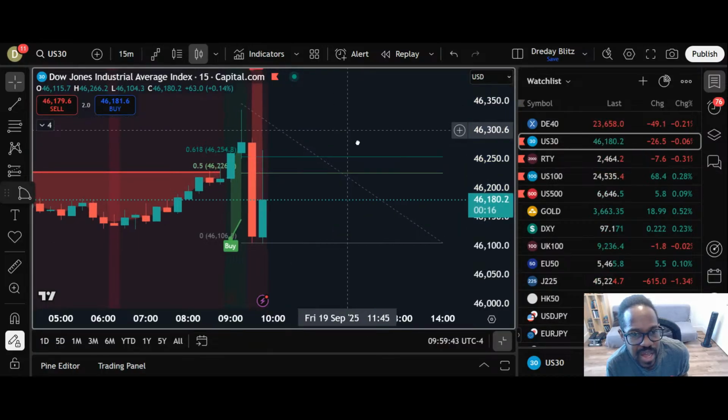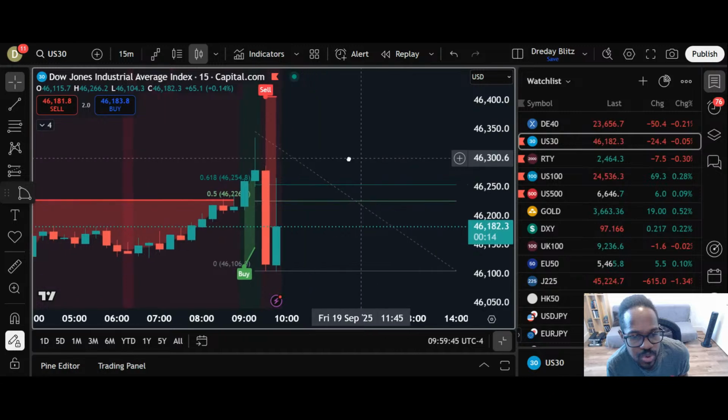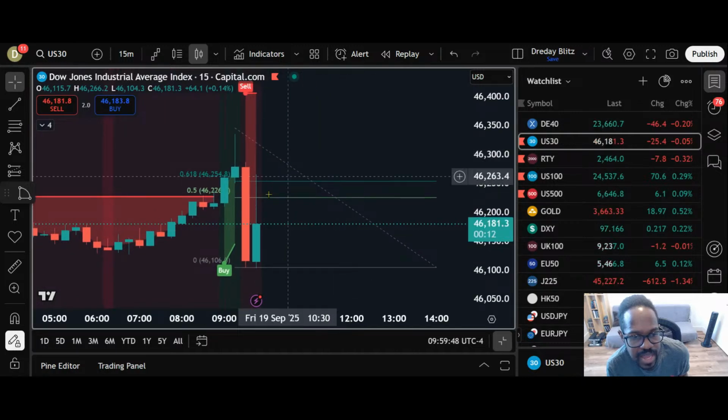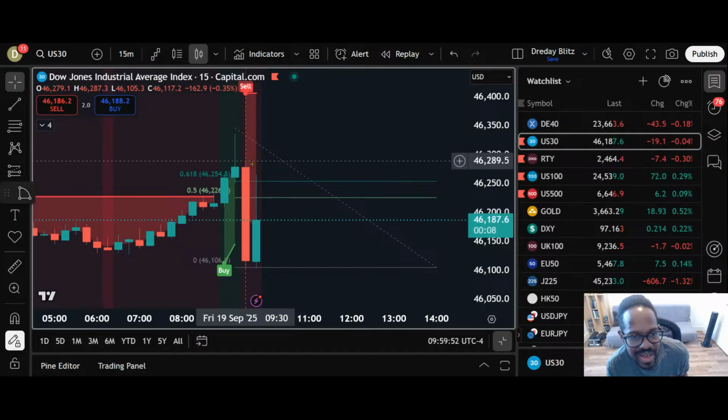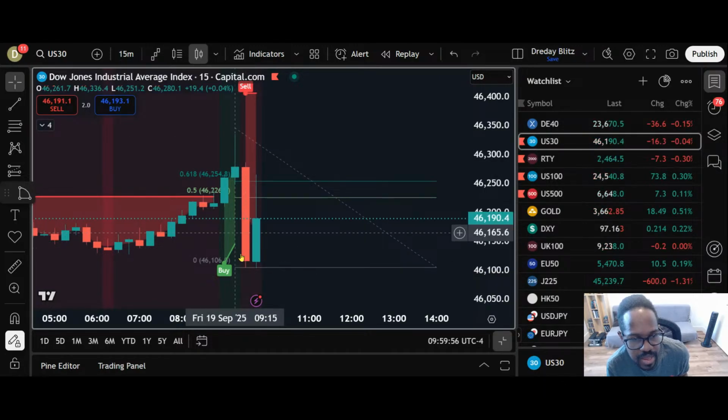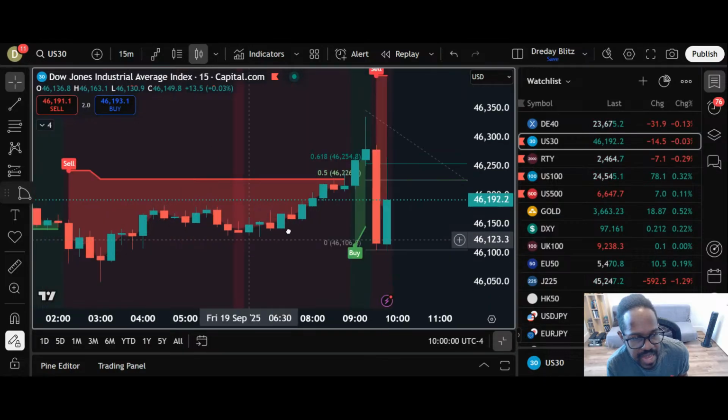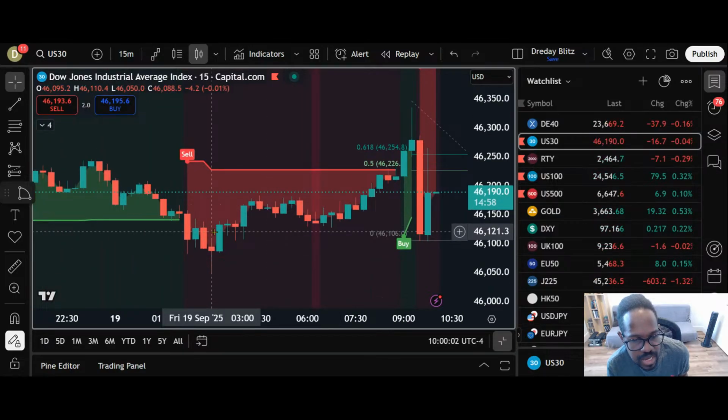The reason why I did that is to show you that you don't need to have multiple candles to have a swing high and swing low, because that big engulfing candle engulfed all of that price action that was done for the last, I would say, maybe 7 to 8 hours.